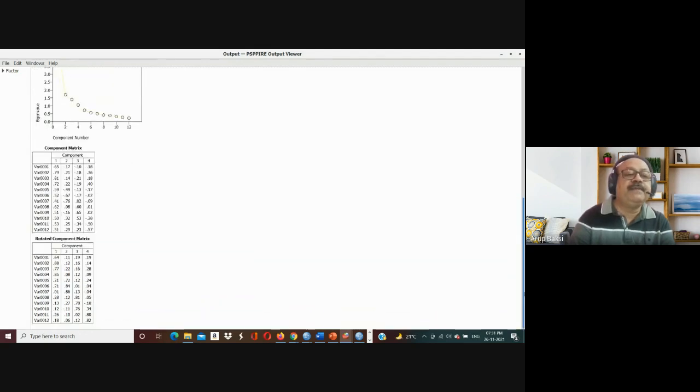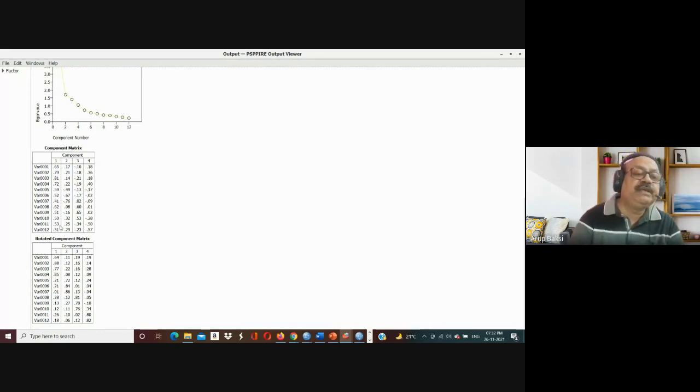The component matrix and the rotated component. In the rotated component matrix, however, the issue is that this does not allow you to remove the lower values, the values which we do not accept, because the normal SPSS gives you a chance to suppress the lower values you select.